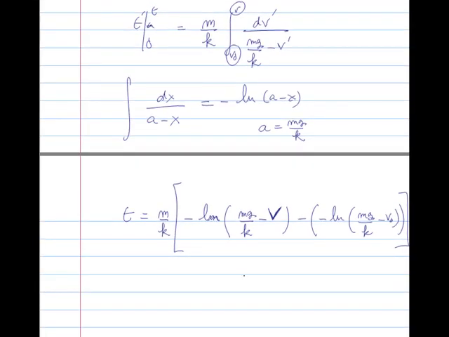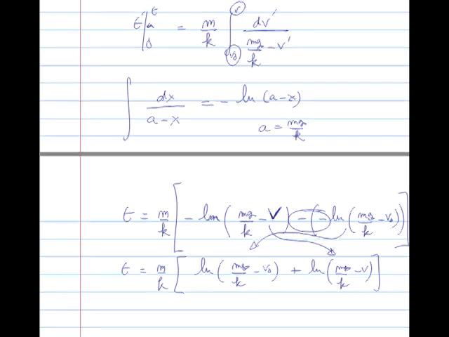So let's get rid of the negative sign. I have t, m over k, times ln of mg over k minus v naught plus ln of mg over k minus v. So I switched those two terms around and got rid of the two negative signs.